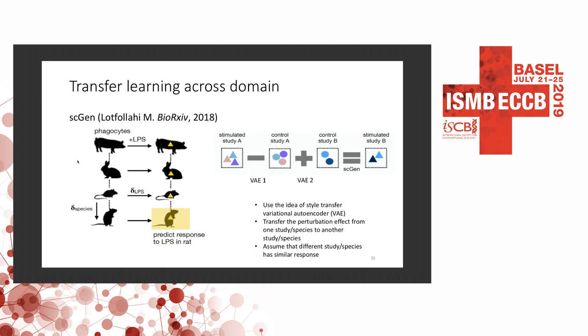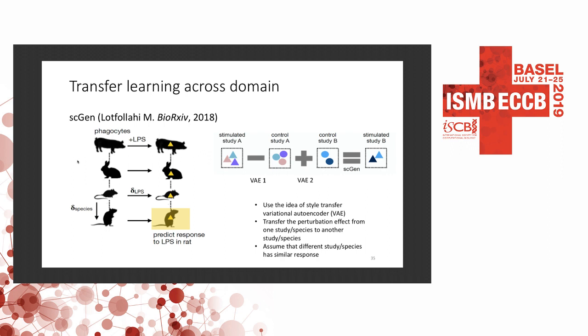One big assumption is that they assume the transformation here is the same as the transformation here. Then they transfer the control rat cells using the same transformation to the stimulated rat.